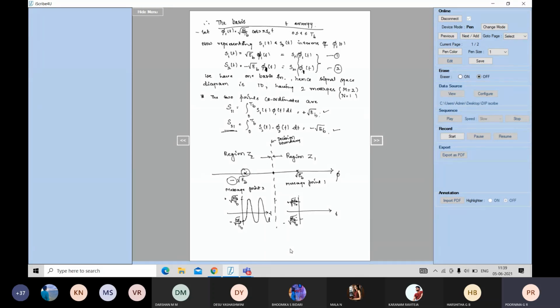Since the message point has a positive sign, the cosine wave should start with a higher value and go towards the minimum value. So these are the signal space diagrams we will be using for the representation of the BPSK signal.